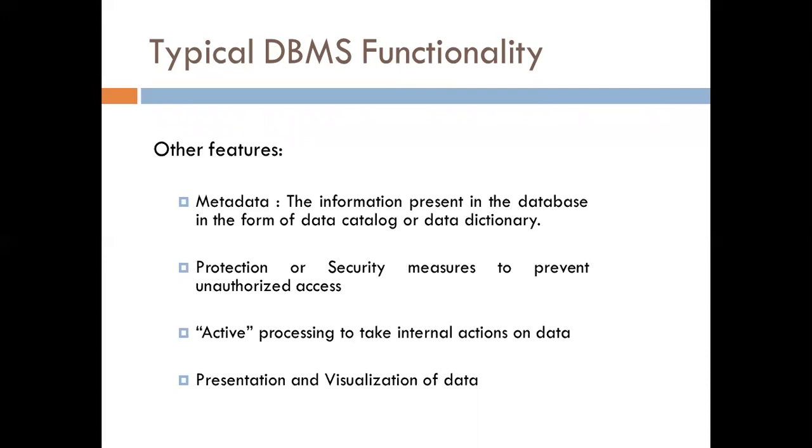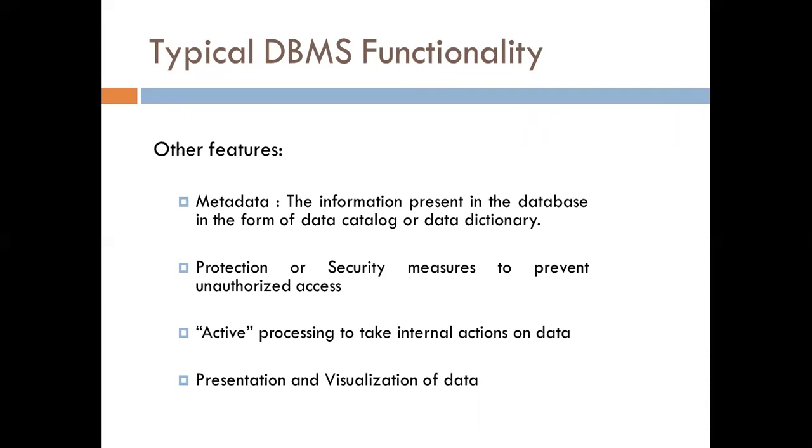We have other features related to DBMS. They include metadata. Metadata is very small information about the data. It is just like a catalog. A catalog will have small information about a product.